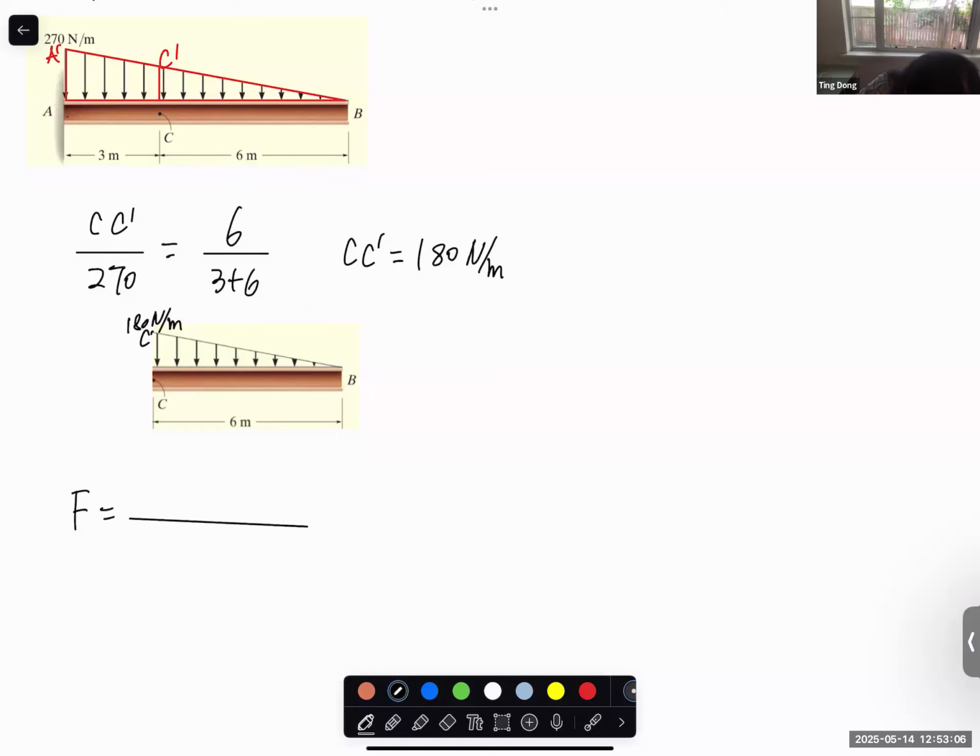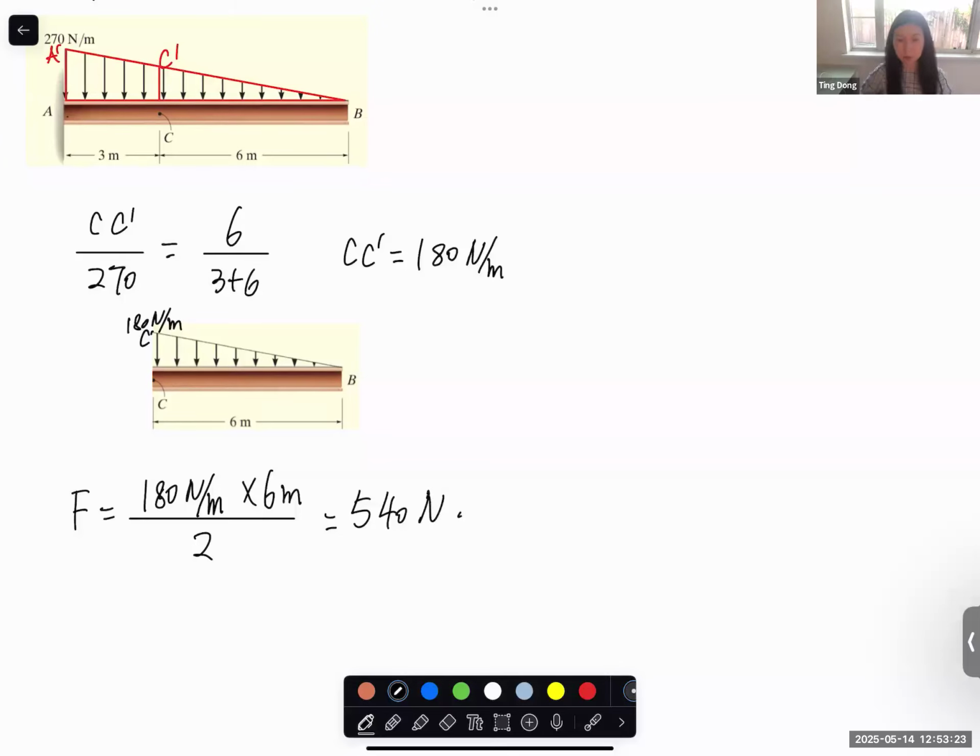So it becomes half of 180. I will put the unit here to show you that the force in the end becomes Newton. So I have 6 meter and 540 Newton. So this is the equivalent concentrated force.